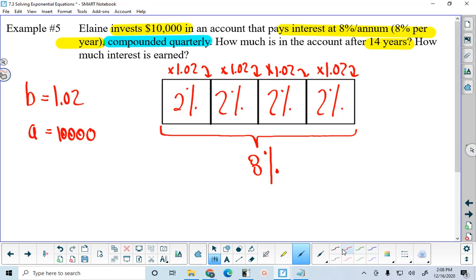I would like to give you an opportunity here to figure out what we're going to use for P. If you look at the top of the page, P is the length of time it takes to get interest.